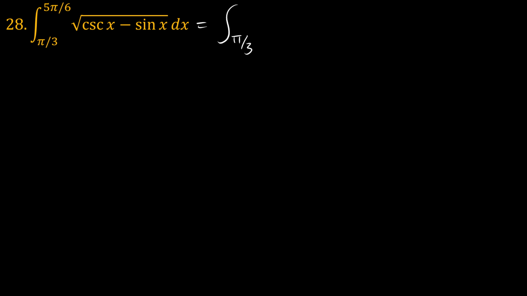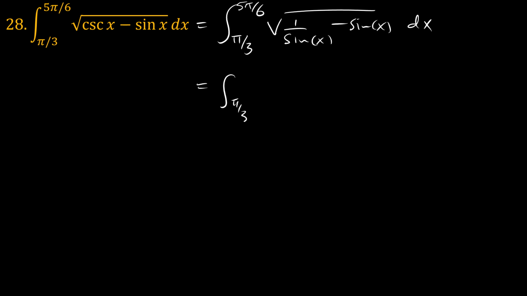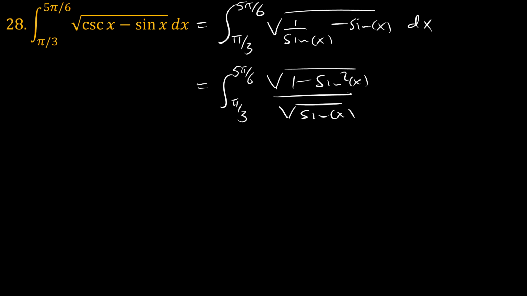So the integral from x equals pi over 3 to 5 pi over 6 of the square root of 1 over sine of x minus sine of x, right? And that becomes the square root of (1 minus sine squared of x) over the square root of sine of x.